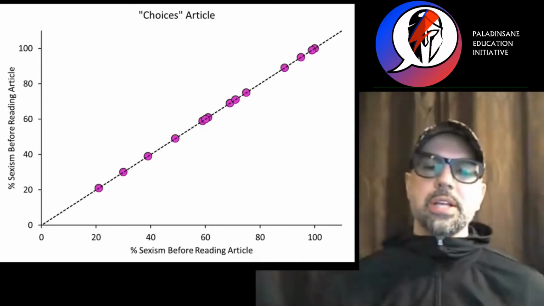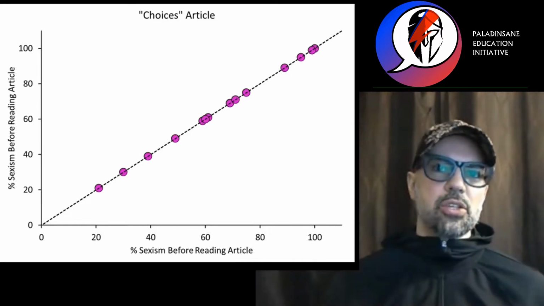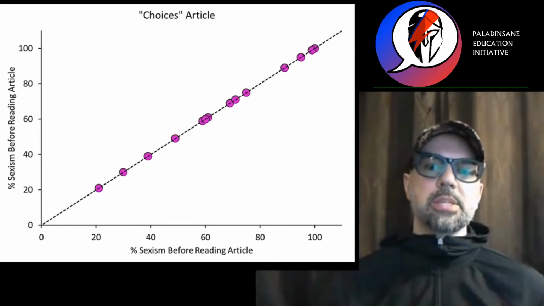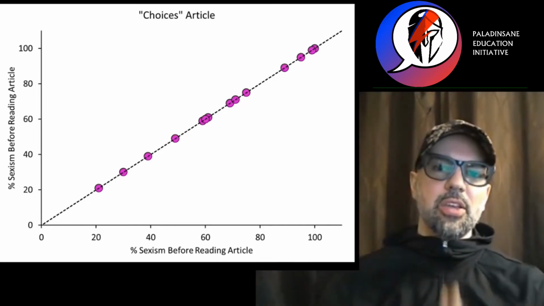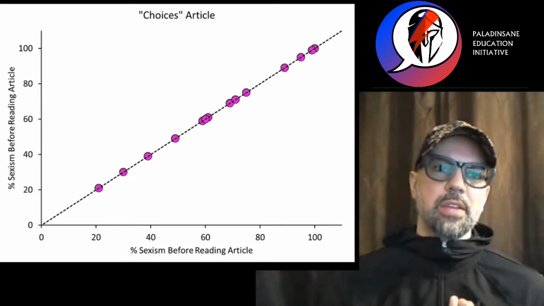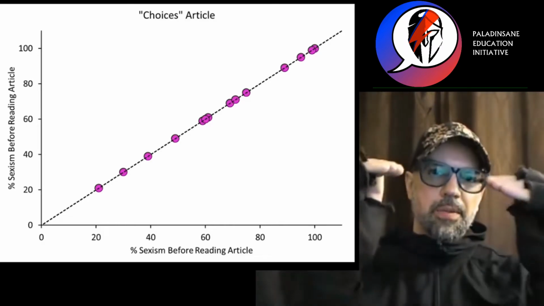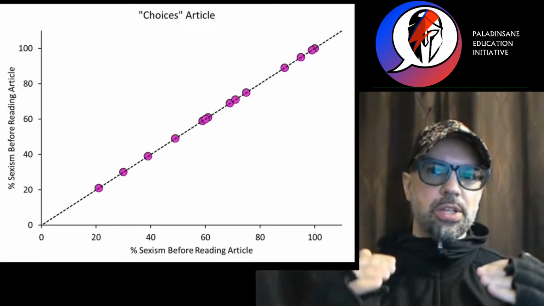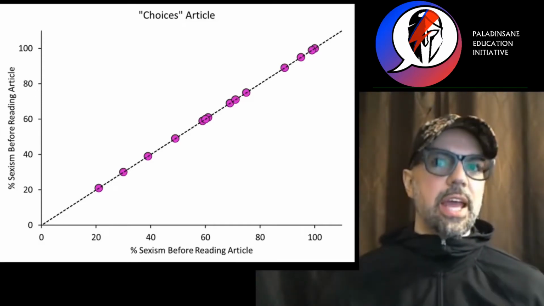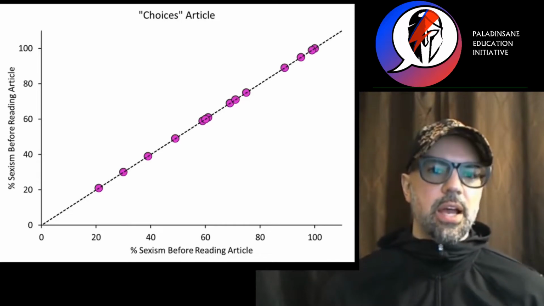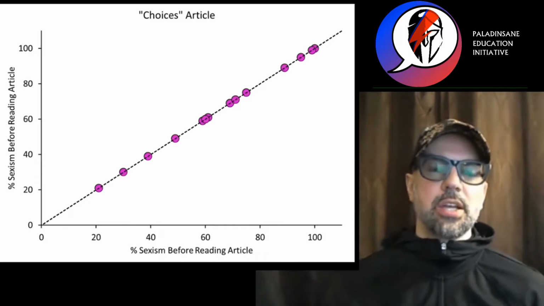Now, if people read the choices article and processed that information, we would expect either no change in the line or their judgments of sexism to decrease, because the choices article presented information that goes against the sexism explanation.